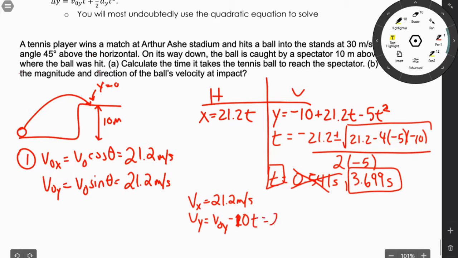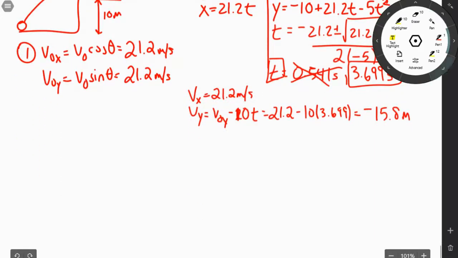So it's going to be 21.2 minus 10 times 3.699, and that's going to be negative 15.8 meters per second. I know I'm kind of rushing through this.